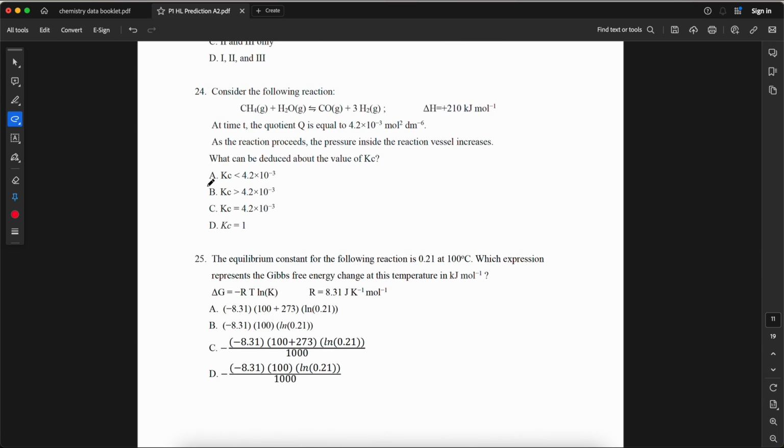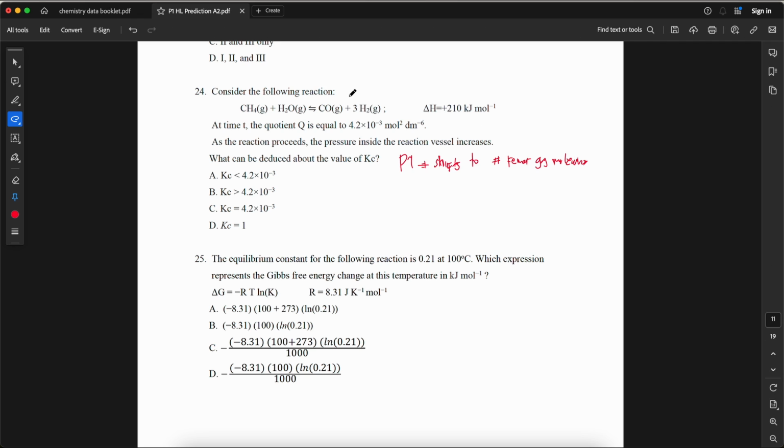Consider the following reaction. At time t, the quotient Q is equal to 4.2 × 10⁻³. As the reaction proceeds, the pressure inside the reaction vessel increases. What can be deduced about the value of Kc? When the pressure increases, it will shift to the side with fewer gas molecules.